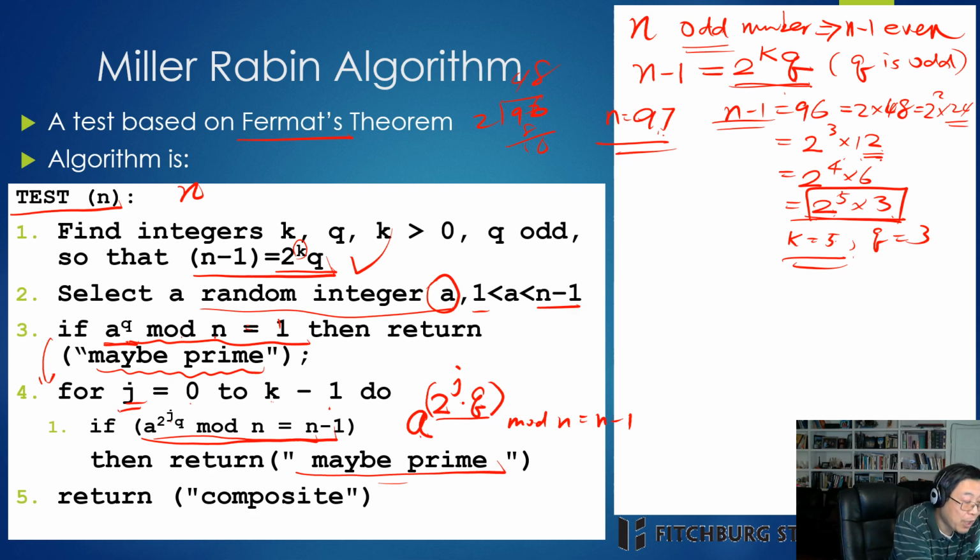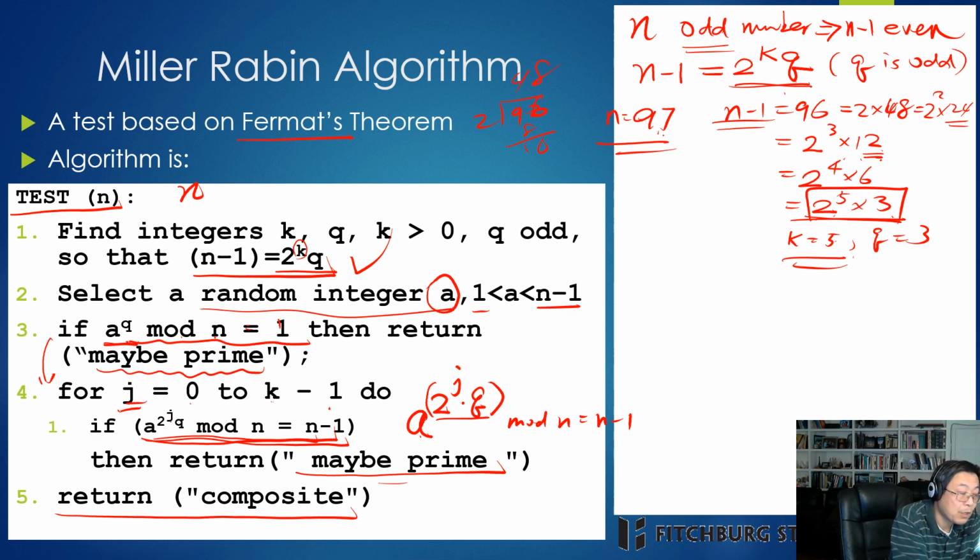If none of the j satisfy this condition, then once we complete the for loop and none of them is true, we just return composite.